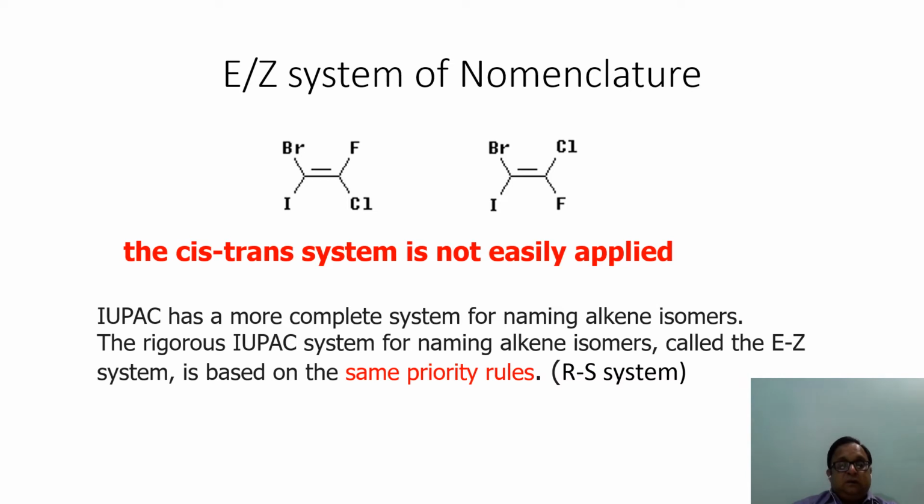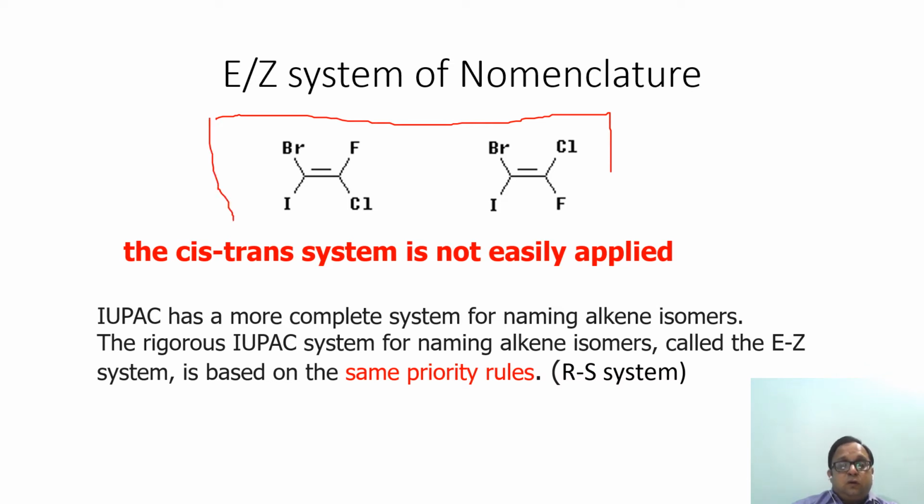It is chloro, fluoro, iodo, bromo, ethene. I'm repeating again: chloro, fluoro, bromo, iodo, ethene. Now try to identify which one is cis and which one is trans.